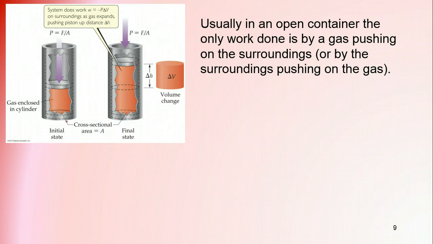Notice this piston system here. The pressure of the atmosphere is pushing down on this cylinder at some pressure. We're assuming that when the gas expands, the pressure can remain constant.